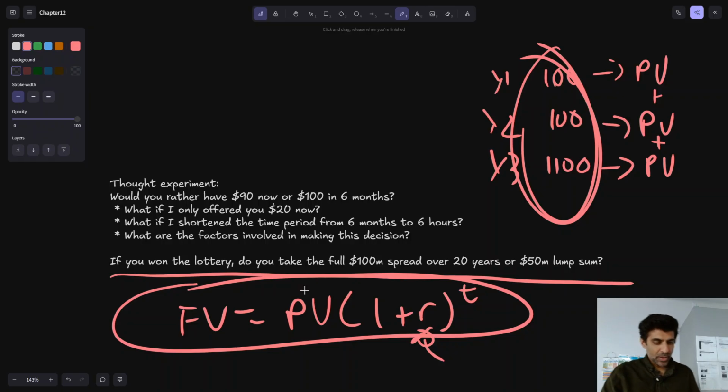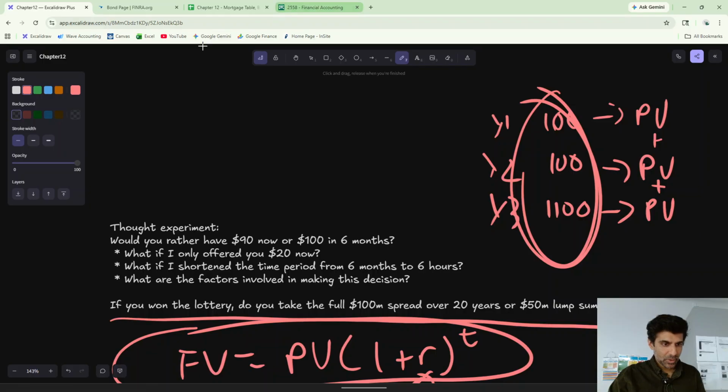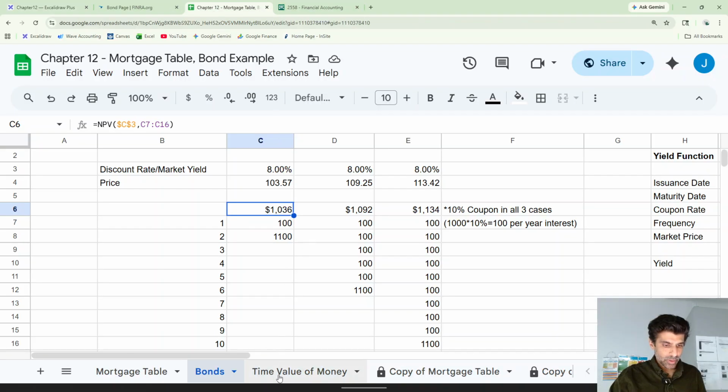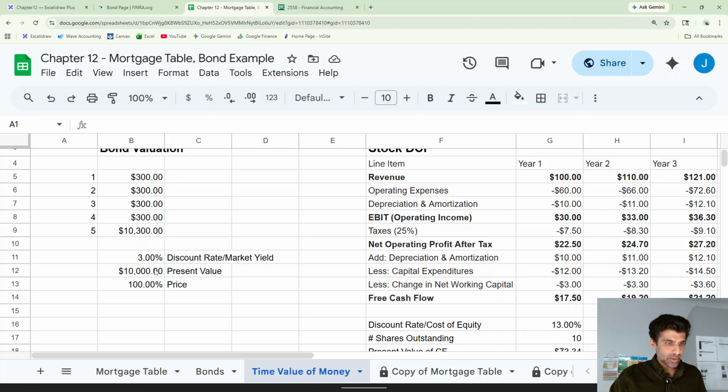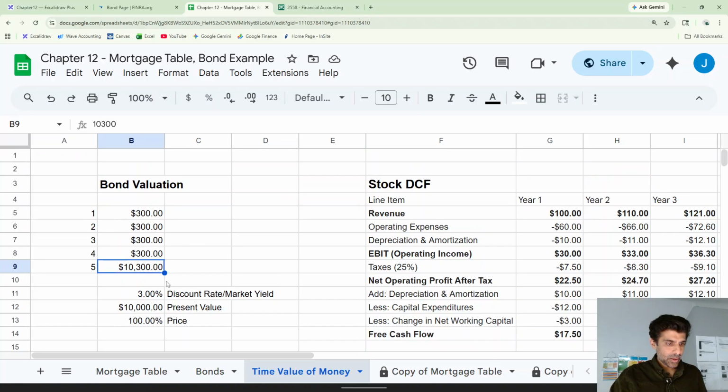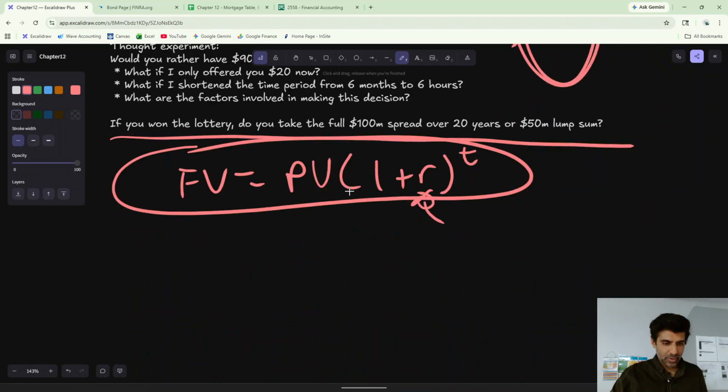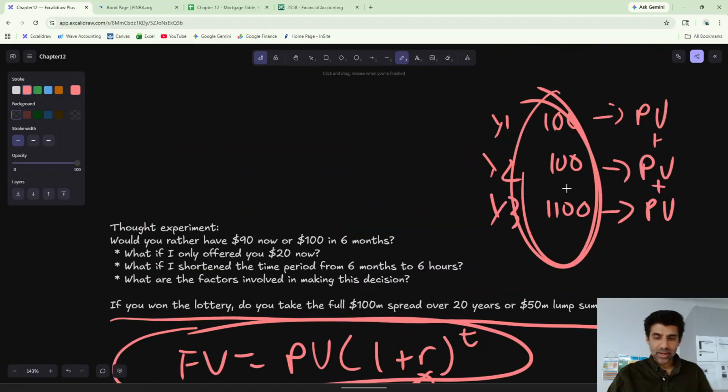So if I show you this spreadsheet, if I just did this calculation using my formula of what is the present value, because look, I can solve for present value because I have the future value.